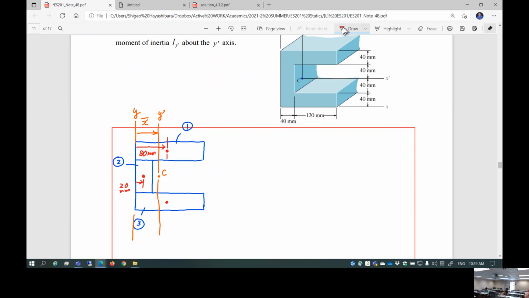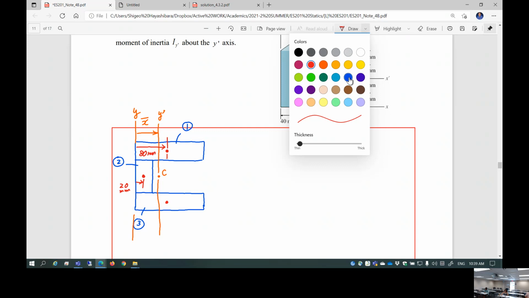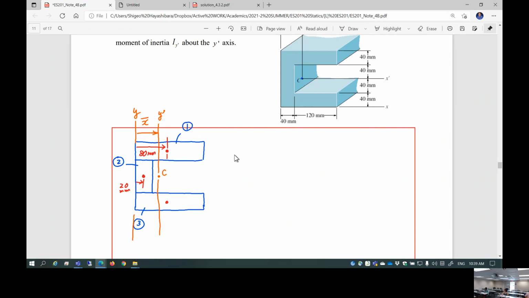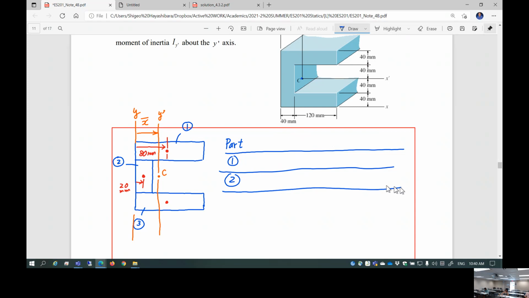You already know. So let's draw a table. Okay, so I have part 1, part 2, part 3, and of course, summation.